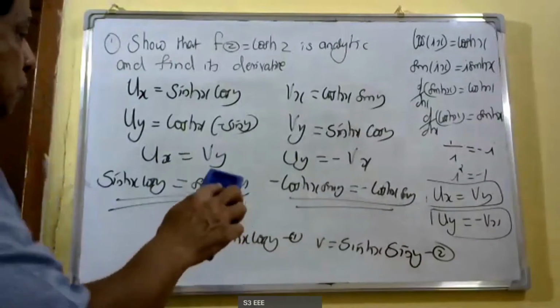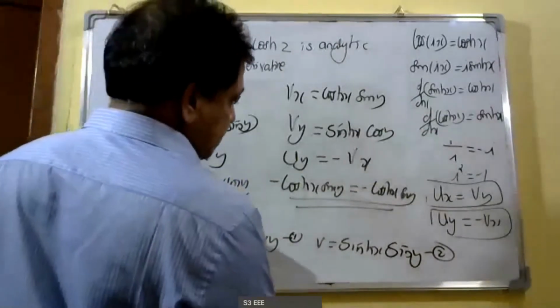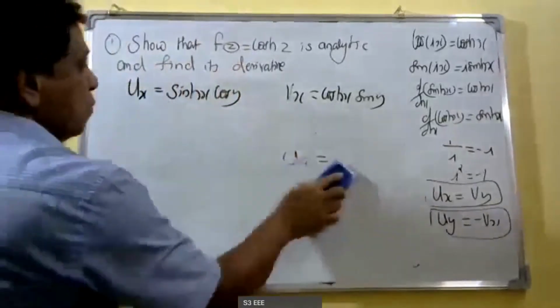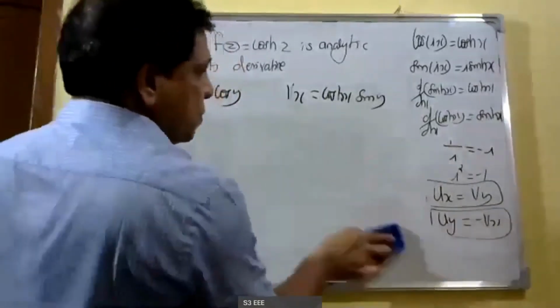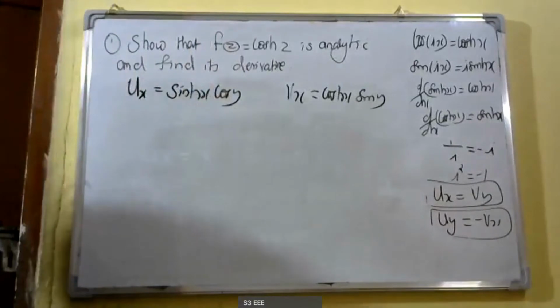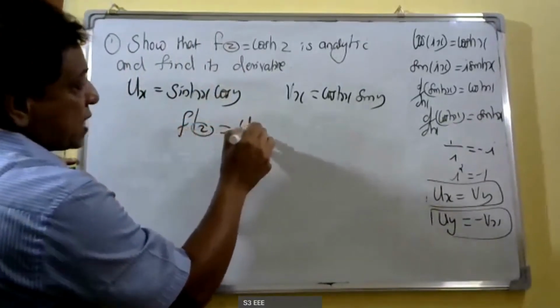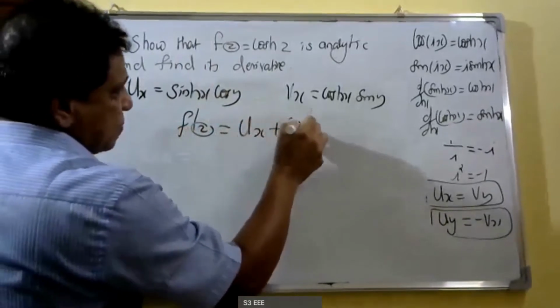Next, we have to find the derivative. To find the derivative, we use the formula f'(z) = ux + i vx.